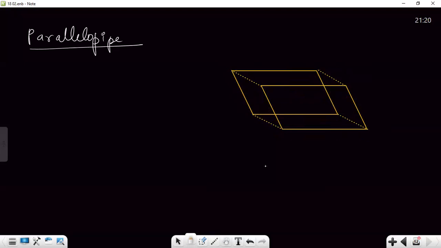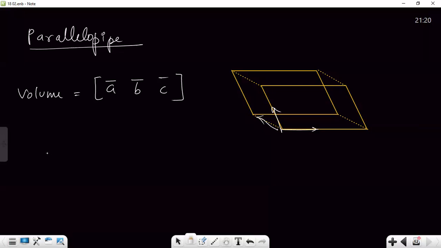When we need to find out the volume of this parallelepiped, like a cuboid is made of L, B, H, three dimensions, it will also have three vectors: A vector, B vector, and C vector. And the volume will be given by the A vector, B vector, C vector scalar triple product.